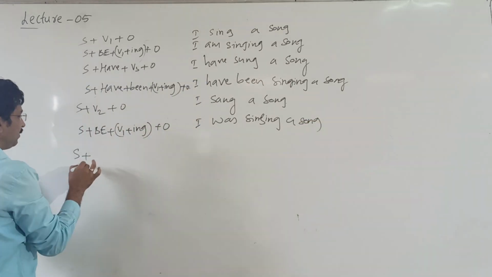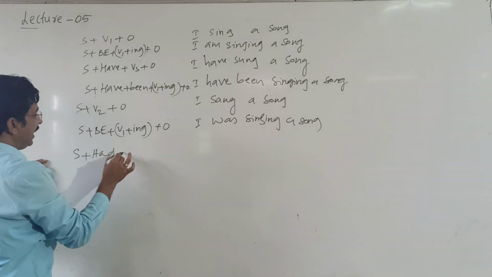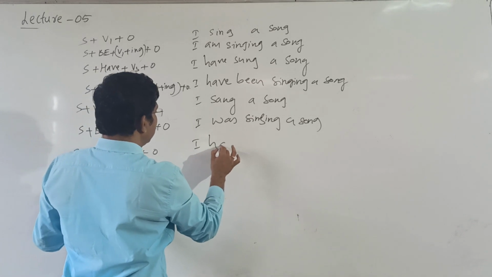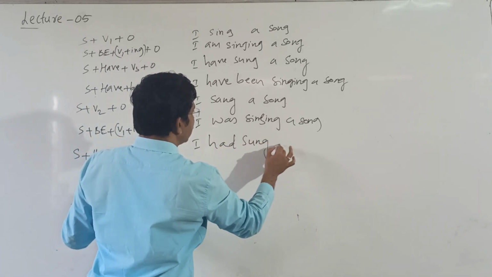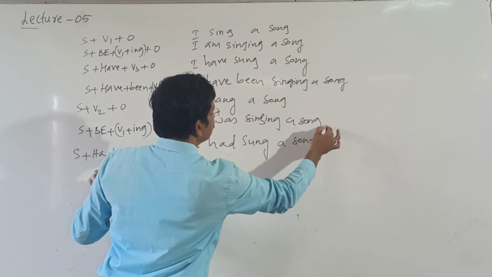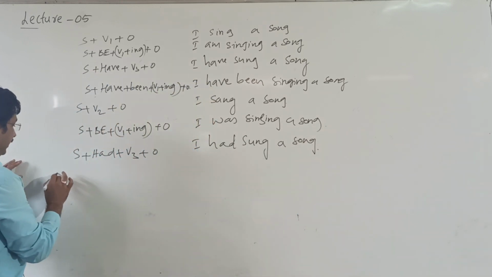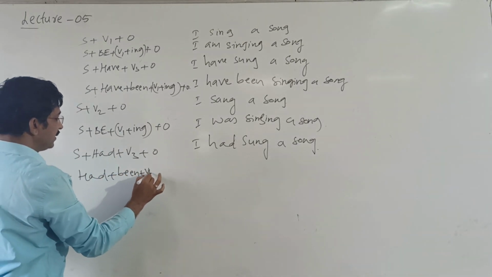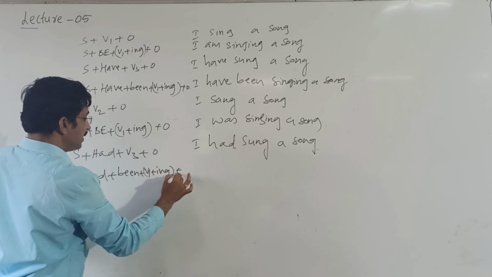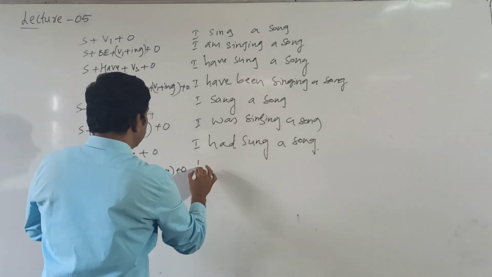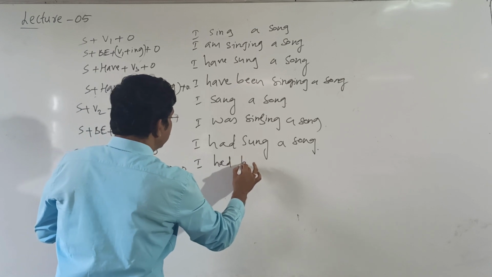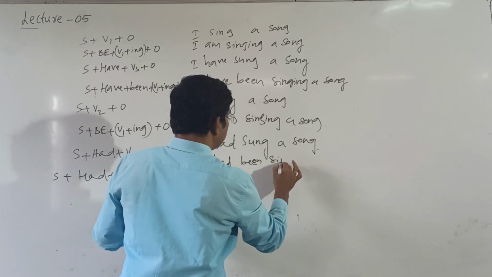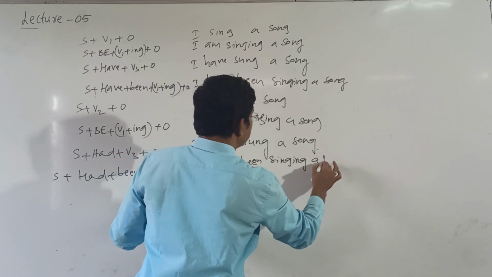Then S plus had plus V3 plus O: I had sung a song. S plus had plus been plus V1 plus ing plus object: I had been singing a song.